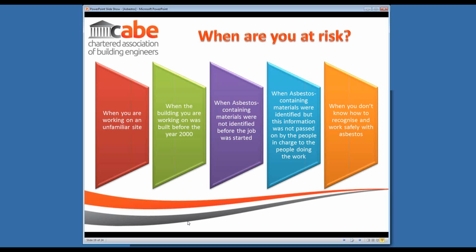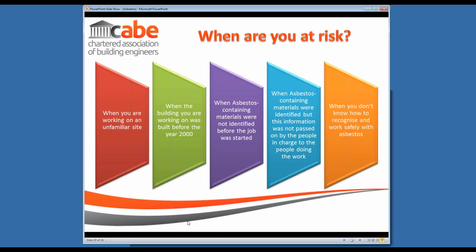As I've said, mainly we're talking about risks in buildings that were built before 2000. The biggest risk is where we encounter the asbestos as the work goes along, and where it wasn't known about by the people who don't necessarily understand what's within their building.